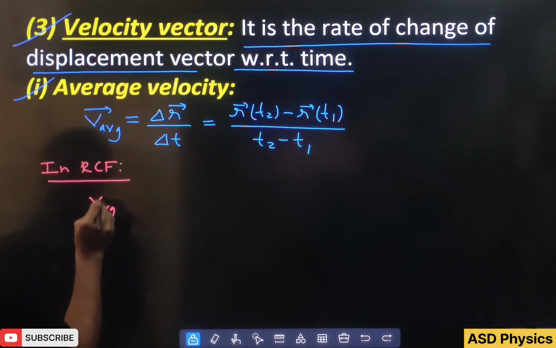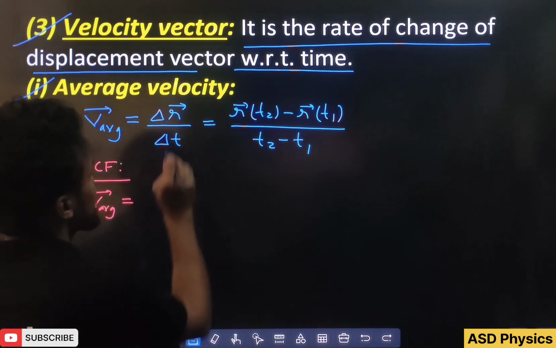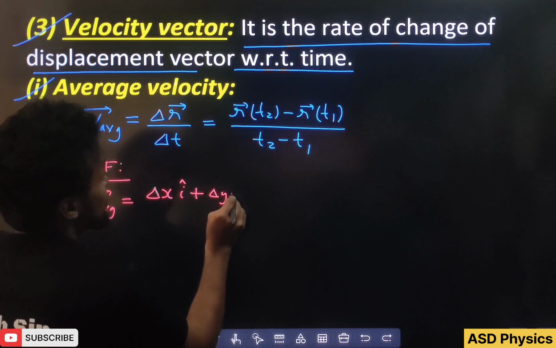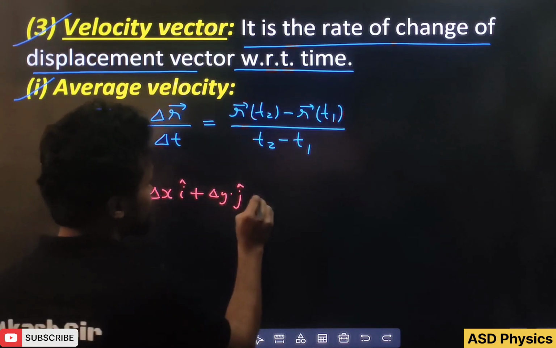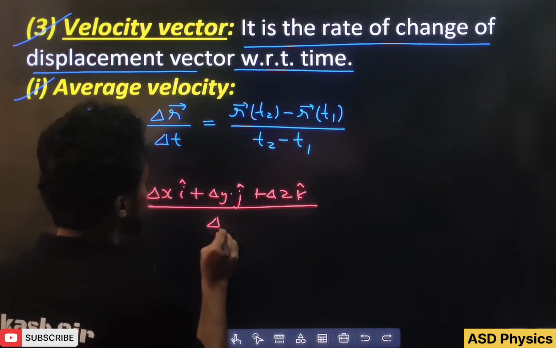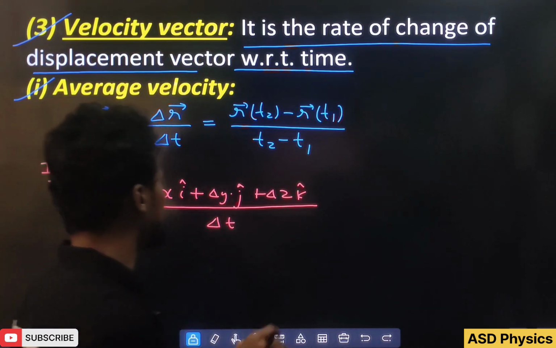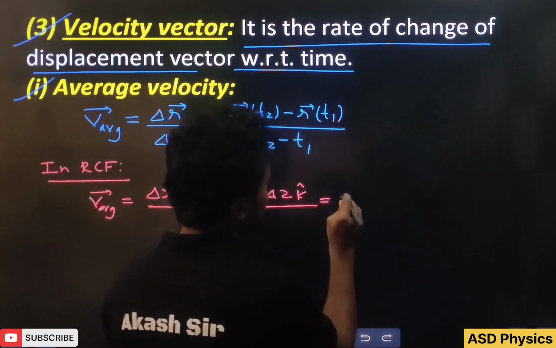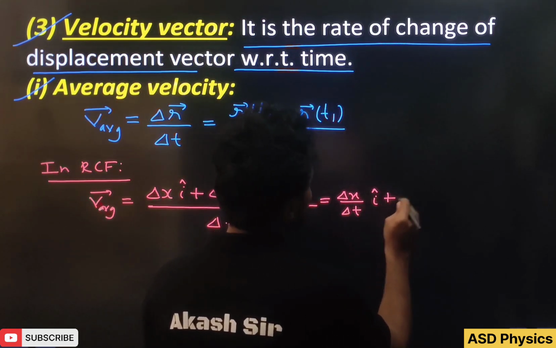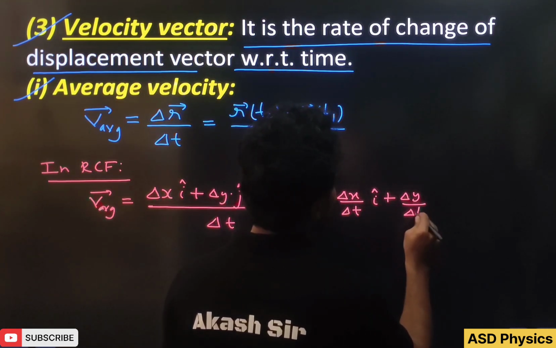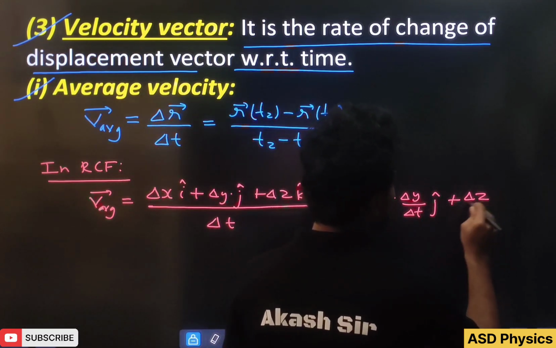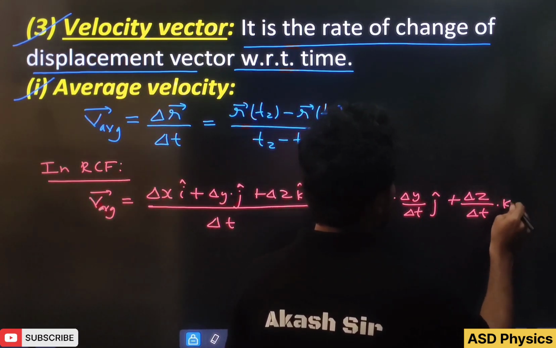Remember that this V average is given by delta r, that is delta x i cap plus delta y j cap plus delta z k cap, divided by delta t. When you simplify this, it becomes delta x by delta t i cap, we are just separating, delta y by delta t j cap, and next delta z by delta t k cap.